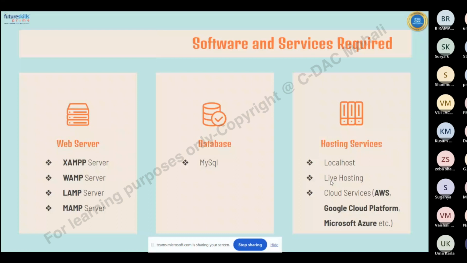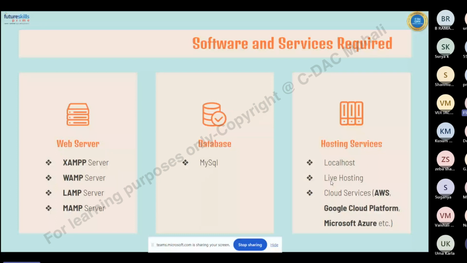And once your application is fully developed and tested, then you can purchase live hosting on different websites that provide hosting services like GoDaddy, and there are many other big ones. There are many websites available. And the third point is cloud services.